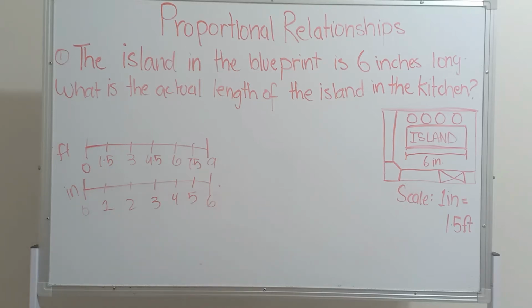We are going to assume all of these equal the same. These double number lines are equal to the scale, because if you look, 1 inch equals 1.5 feet. And then 2 inches equals 3 feet. So it's going to be easy for us to find the length of the island.